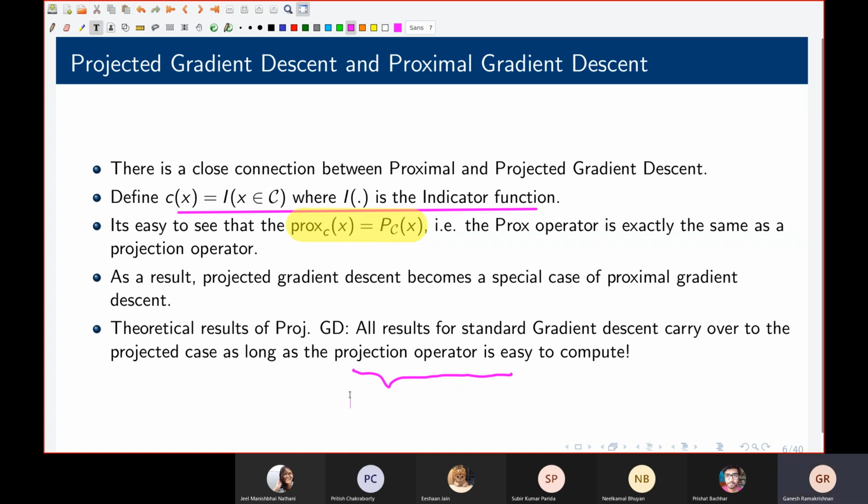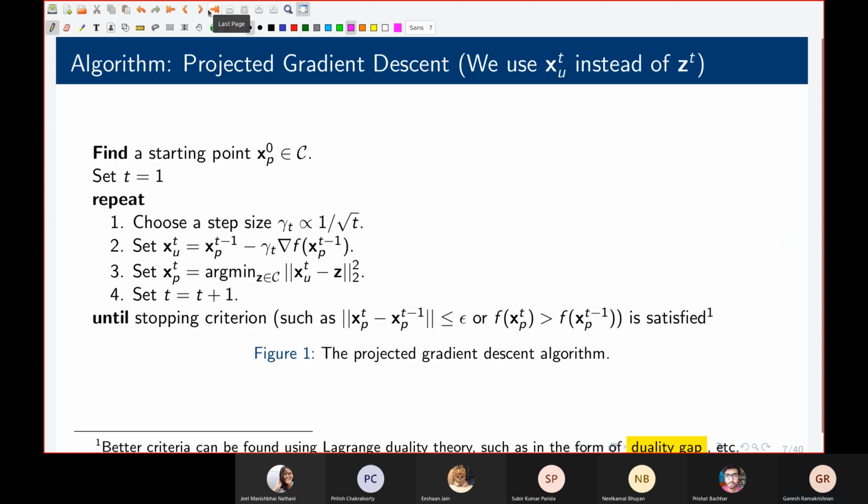So this can be possible through KKT conditions, then necessity and sufficiency, duality, Lagrange dual, more specifically Lagrange dual. Okay, so it's a projected gradient descent algorithm.